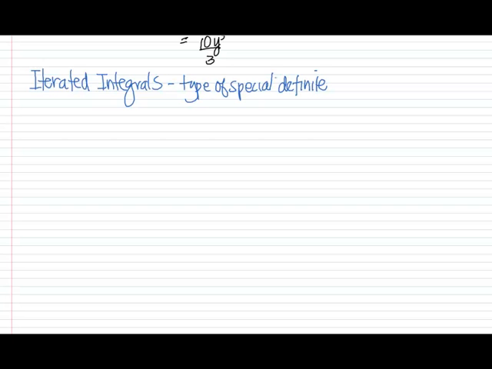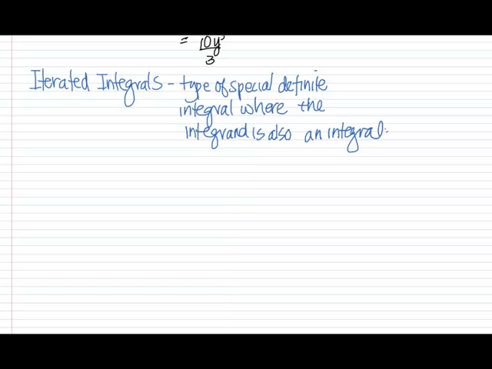Now all of this stuff is going to lead up to what we call iterated integrals. An iterated integral is a type of definite integral where the integrand is also an integral. So an example of that would be something like this. The integral from 1 to 2 of the integral from 1 to x of some function f of x,y dy dx.